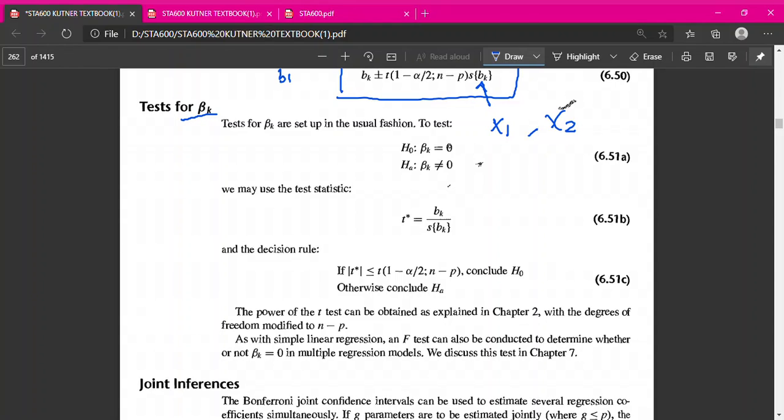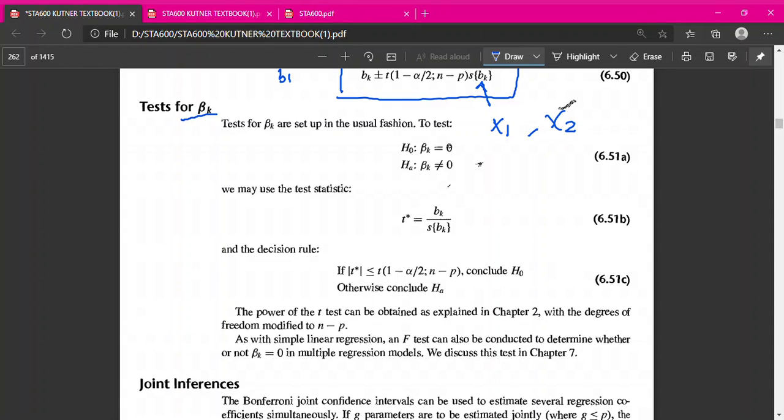Dan macam biasa, when we are doing the hypothesis testing, kena ada juga test statistik. So kat sini kita gunakan T test statistik, which is BK divide dengan SBK. BK ni adalah value of your beta lah, parameter, divide dengan standard deviation of the parameter itself from the covariance matrix tadi.